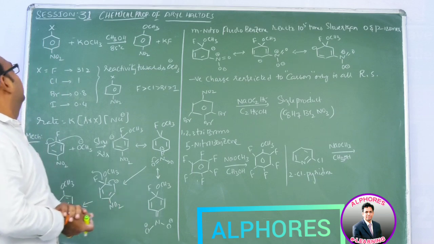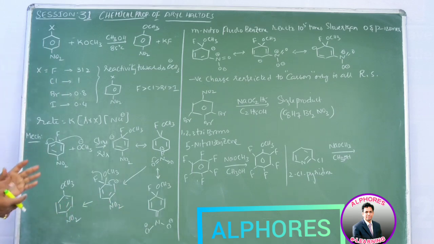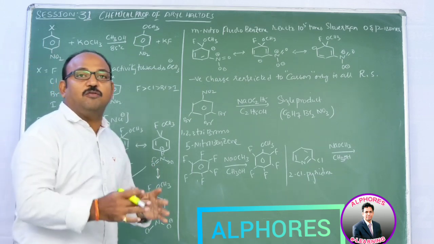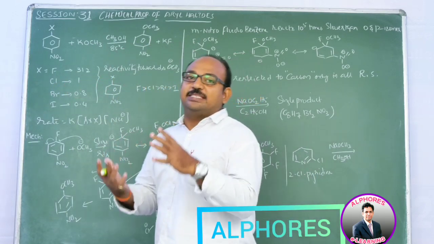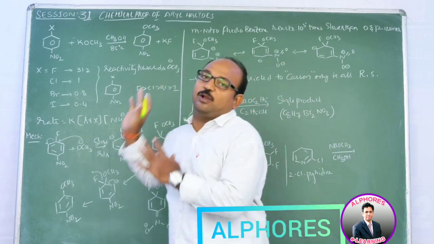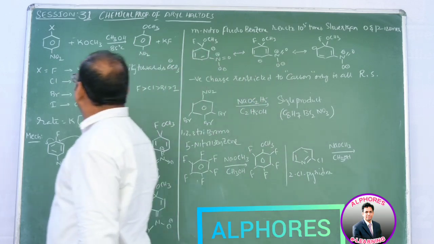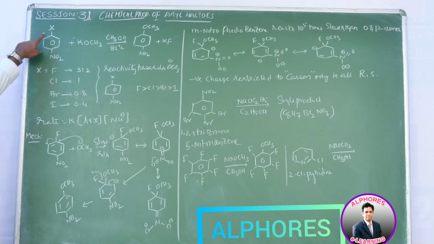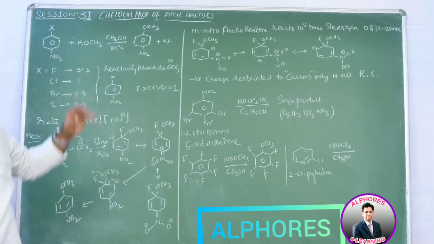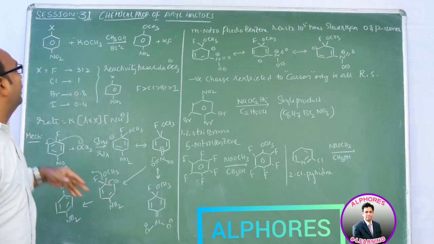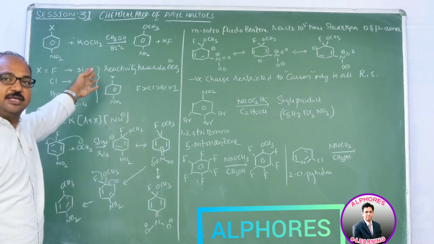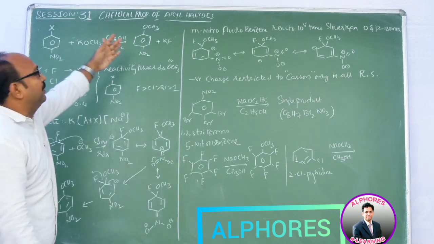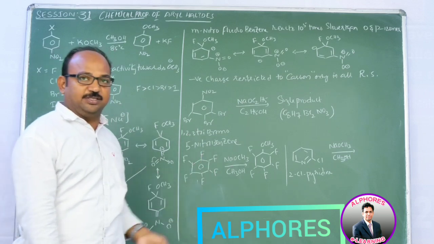So far we learned that if aryl halides possess electron withdrawing groups like NO2 groups, then it is very easy to substitute that halogen. Now have a look here. I consider para-nitro halobenzene, which upon treatment with potassium methoxide in the presence of methyl alcohol solvent, with temperature usually maintained at 85 degrees Celsius, has that X replaced by OCH3.